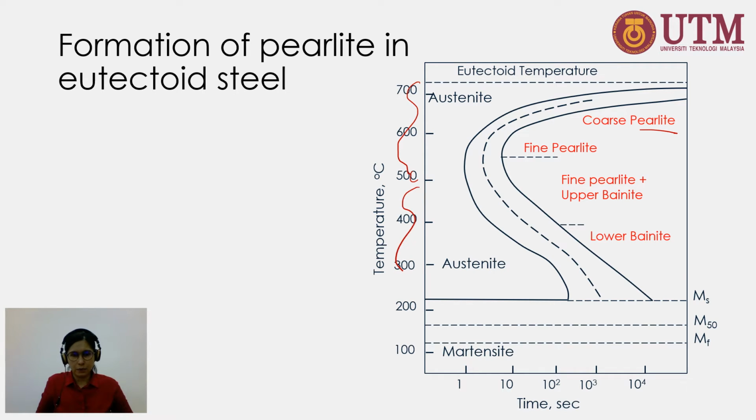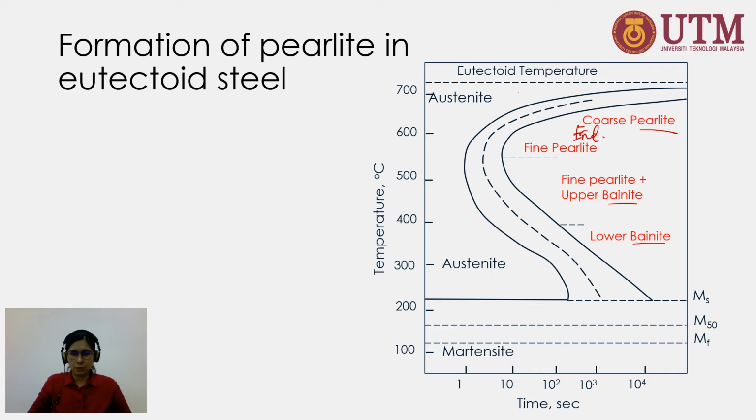So within this range, we would expect in our final microstructure, we will have bainite. All the microstructure will start to form when the temperature reaches this line here. So this is begin, and this is the transformation end. So let's first have a look at the formation of pearlite in eutectoid steel.